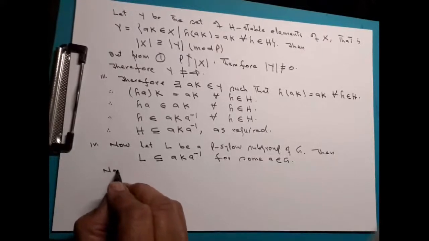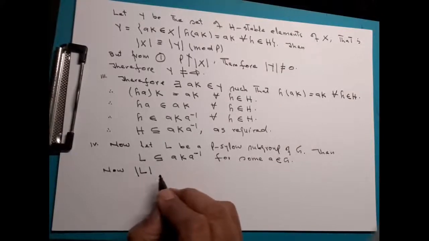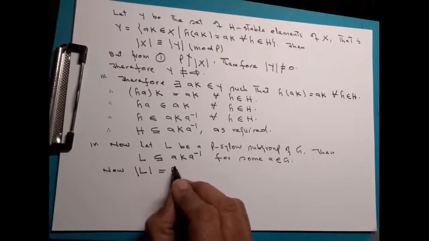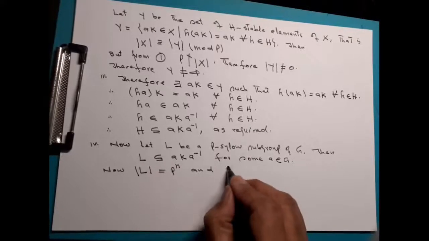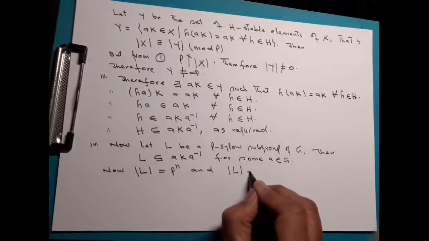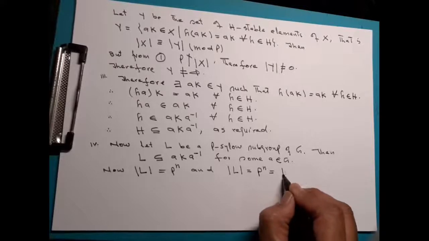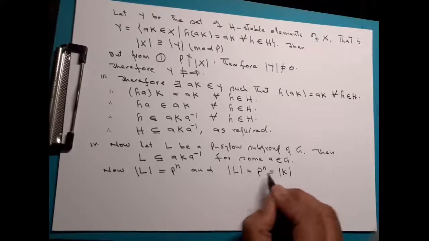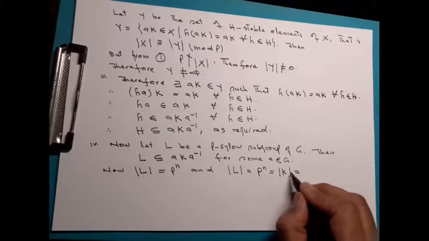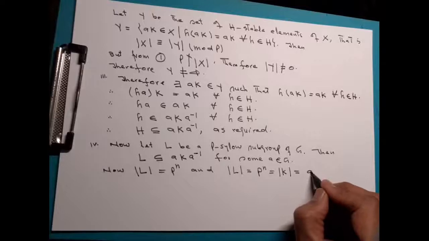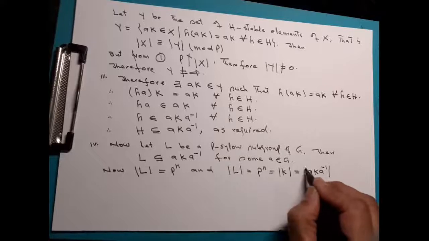Now, since L is a p-Sylow subgroup, the order of L is equal to p raised to power n, and we know that K is also a p-Sylow subgroup, therefore the order of K is also p raised to power n, and we know that the order of a group and its conjugate are always the same.